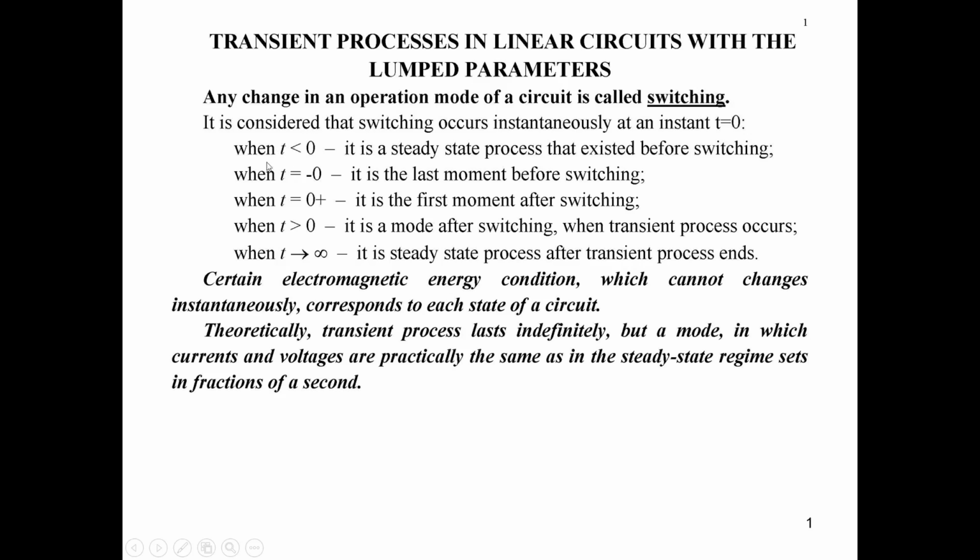And there are several modes of operation of the circuit considered. First, t less than 0. It is a steady state process in the considered electrical circuit that existed just before switching. It is the regime in which the considered circuit works before switching.